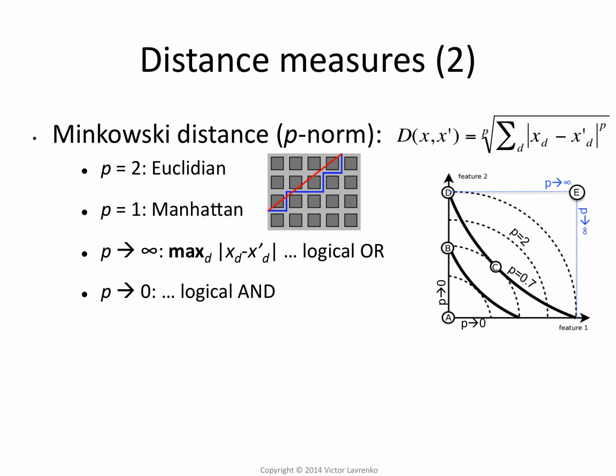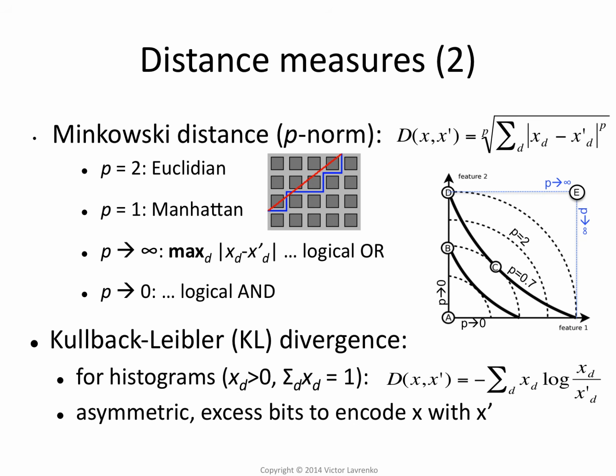B is different from A only on the second attribute. C is different on both attribute 1 and attribute 2. Euclidean distance cannot capture that. As far as Euclidean distance is concerned, they're almost identical. But if you set p to a lower value, it will assign a lot more significance to simultaneous deviations of several attribute values, as opposed to a single deviation of one attribute value. So by playing around with p, you get a whole family of distance functions with properties that are very different from the Euclidean distance.